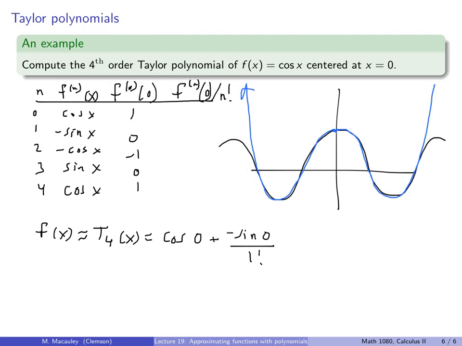And divide by n factorial: we have 1 over 0 factorial. Remember, 0 factorial is 1. So that's 1, this is 0, this is negative 1 over 2 factorial, negative 1 half, this is 0, and this is 1 over 4 factorial, 1 over 24.